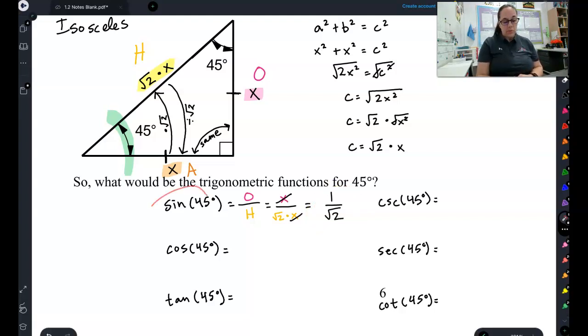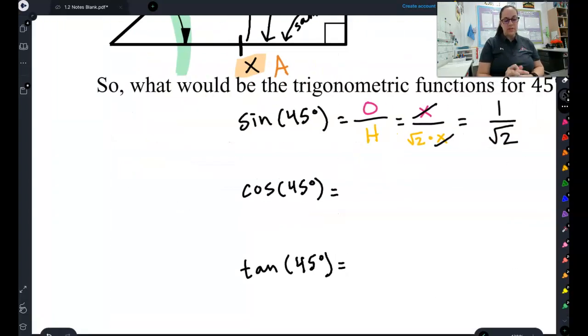In fact, you could put sine of 45 in your calculator, and this is what it's going to give back to you. Now, little side note, this may not look exactly like what your calculator gives you. Your calculator may give you root 2 over 2. So let's do a little side thing right here. If you take 1 over square root of 2, and you do a process called rationalizing the denominator.